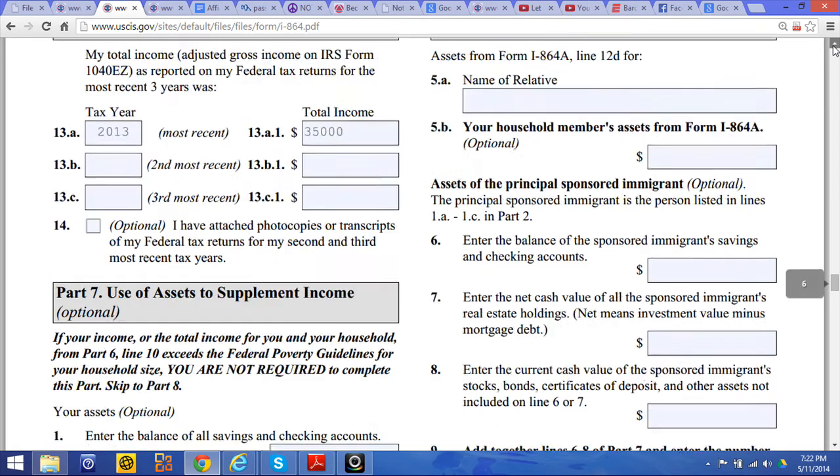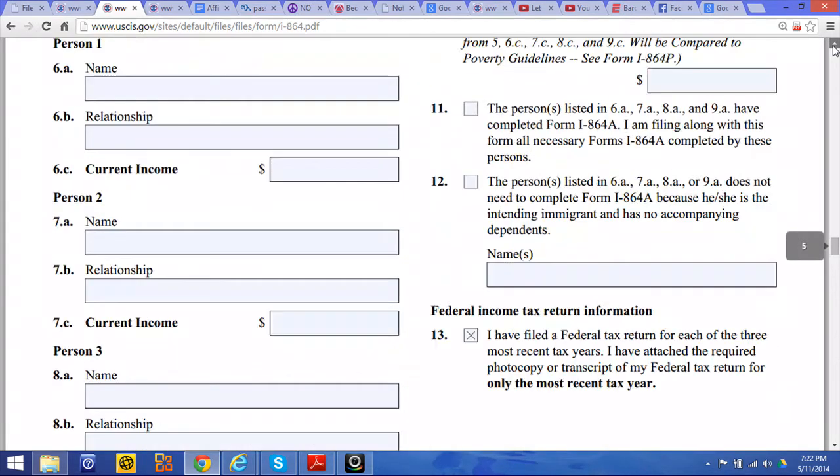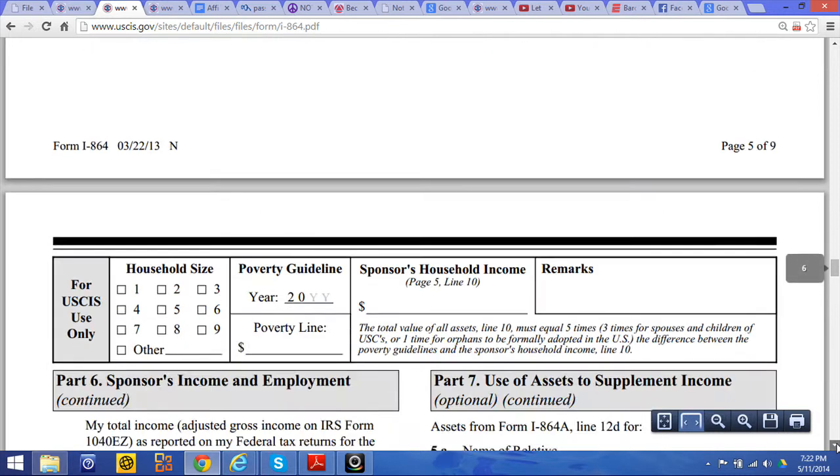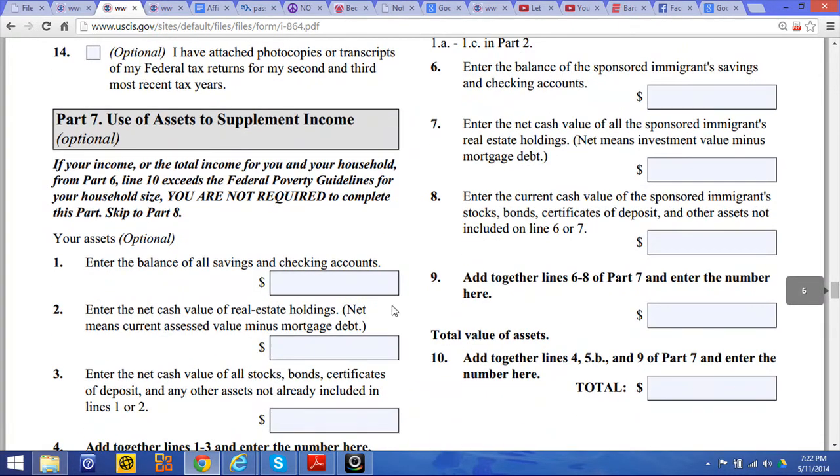Even if your annual household income is below the poverty guideline, you may choose to leave part 7 blank and choose a joint sponsor. The joint sponsor will fill out another affidavit of support separately. Let's say you don't have any joint sponsor, so your only option is to use your asset, so you're gonna use this one.